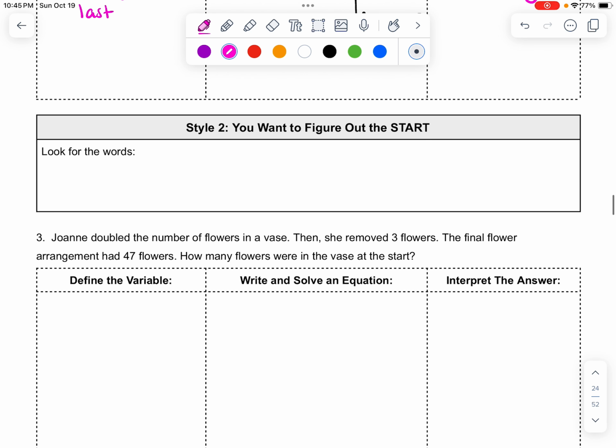Last but not least, let's talk about the second style. Sometimes, instead of knowing a pattern, we actually want to figure out the starting number. If we are going to talk about a pattern, we have to have something to start with, but in this case, we don't have a starting number, so there is no pattern. The key words you're going to look for in the question are how much or how many at the beginning or at the start.